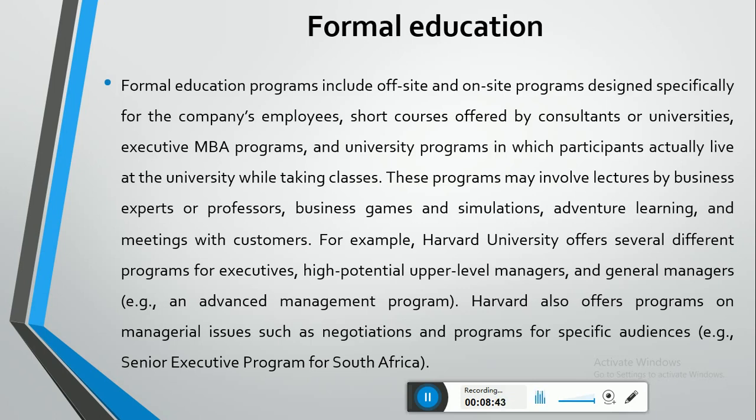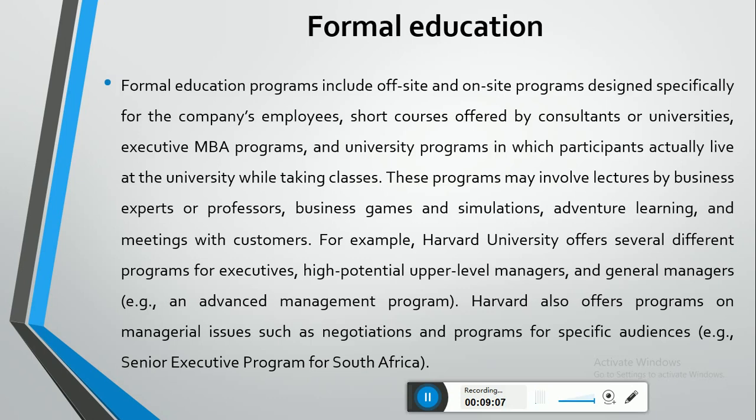Executive MBA programs and university programs in which participants usually live at the university while taking classes. These programs may involve lectures by business experts or professors, business games and simulations. We have discussed simulations, and adventure learning in the last classes, and meetings with customers.